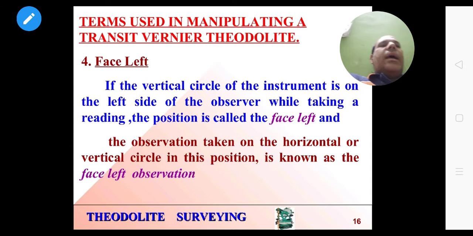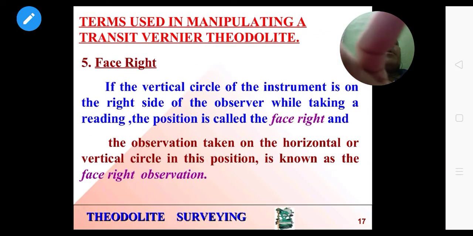Face left, as we have seen in our classroom lecture, a vertical circle is there in a theodolite. When the vertical circle is on the left side of the observer, this is called face left, and the observation taken is called face left observation. Face right is when the vertical circle of the theodolite is on the right side of the observer, and the observations taken are called face right observations.